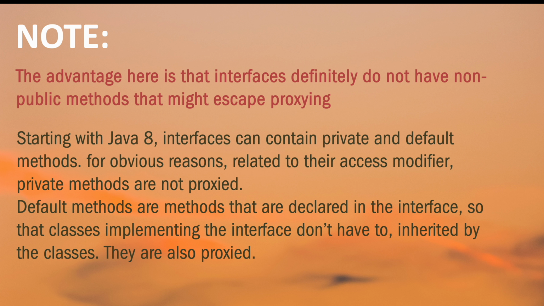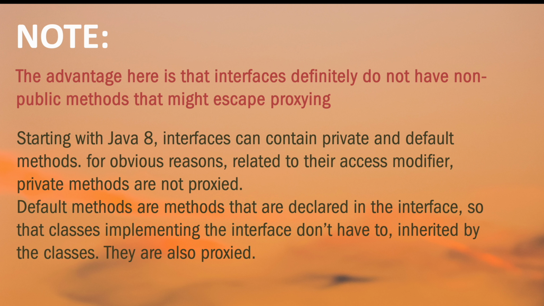With class-based proxies, you're proxying a class, which can have private methods or whatever. Starting with Java 8, interfaces can contain private and default methods. Obviously, private methods are not proxied.